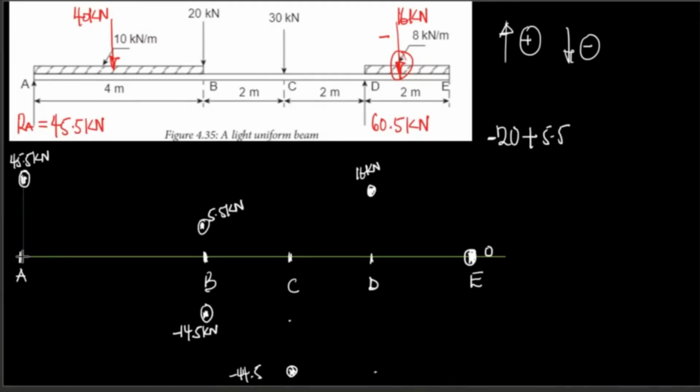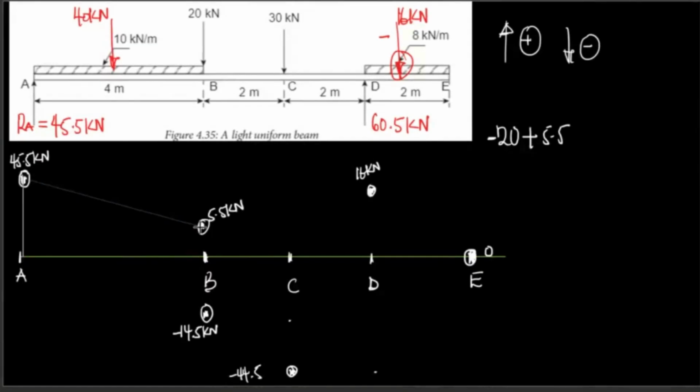From point A here, there's going to be a straight line. My hand is not that straight, but just bear with me. I'm going to draw another line again.